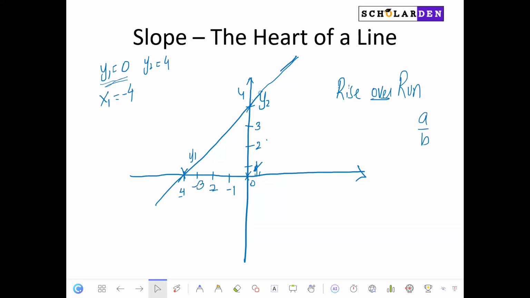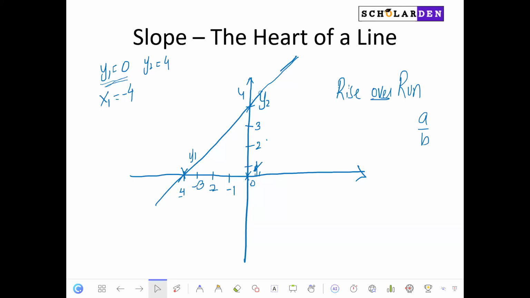So x1 as a coordinate, yes, this point is -4, 0, but we want to take the x and y values separately. Why? Because we have to calculate the rise separately, and the run separately. We can take the points and extract the x and y coordinates from them as well, but for simplicity's sake, I'm mentioning them separately.